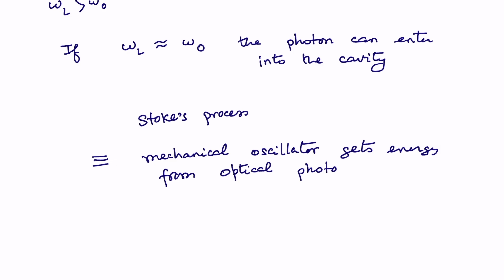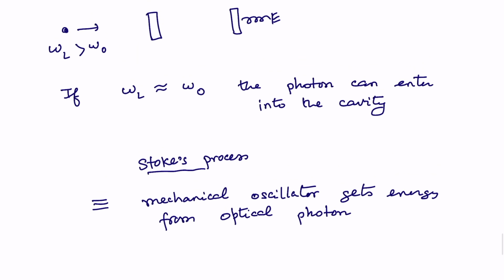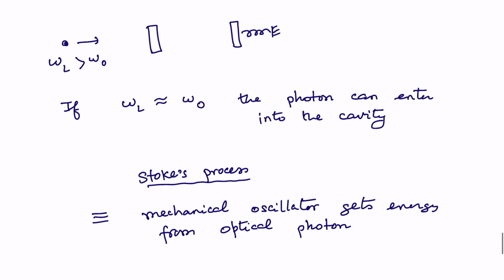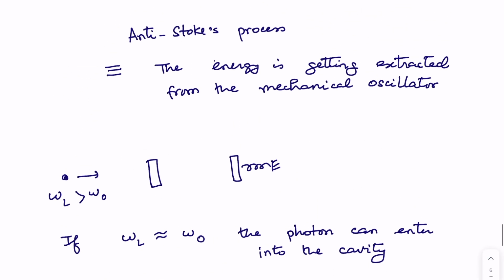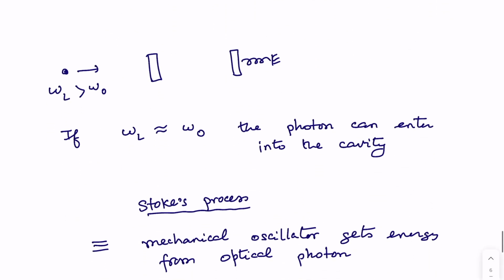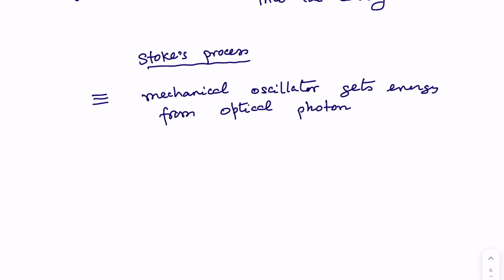In the Stokes process, the mechanical oscillator gets heated up, and on the other hand, in the anti-Stokes process, the energy is getting extracted from the mechanical oscillator, thereby reducing its temperature, or making it cooler. So this is the physics behind optomechanical cooling.